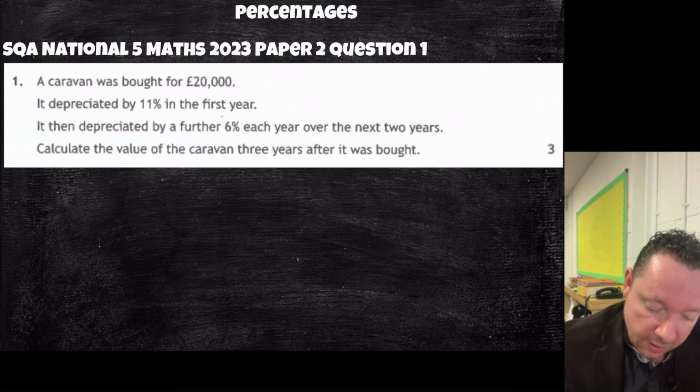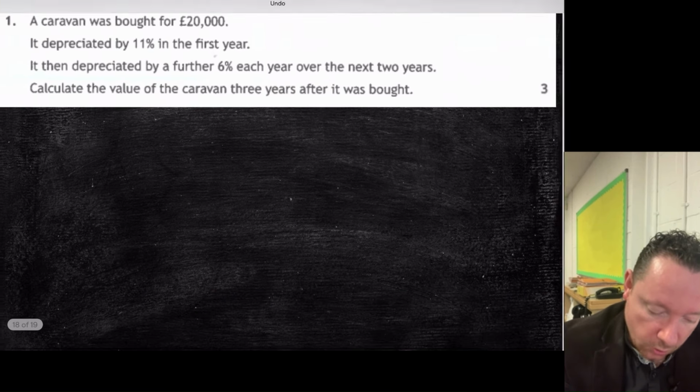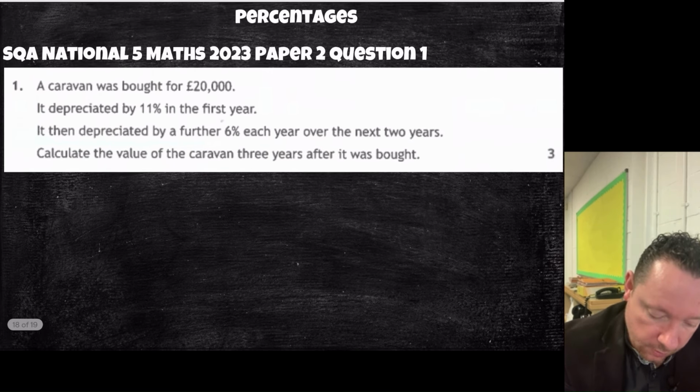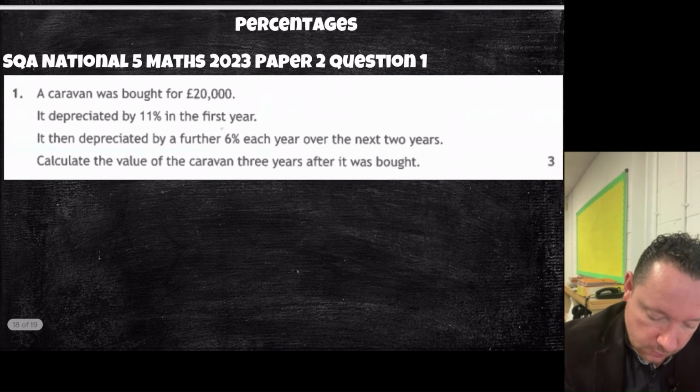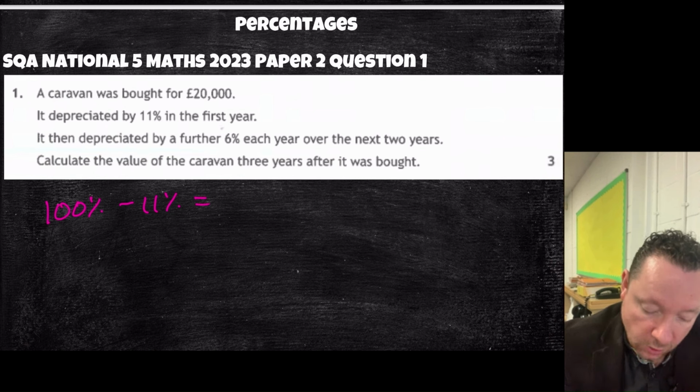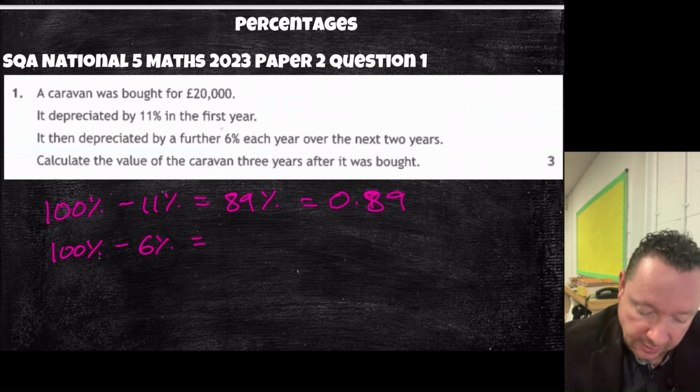So it depreciates by 11%, so we do 100% minus 11%, which is 89%, which is 0.89. So that's our first multiplier, 0.89, and the second one's 6%, so it's 100% minus 6%, which is 94%, which is 0.94.